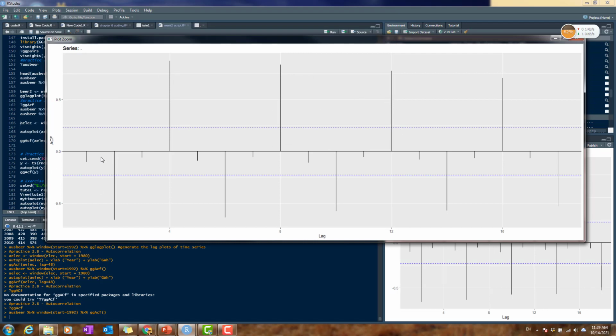And the opposite, the current data of the Australia beer had a negative correlation with lag 2, lag 6, lag 10, and lag 14, and lag 18, and they are also significant, since they are beyond the dashed blue line.